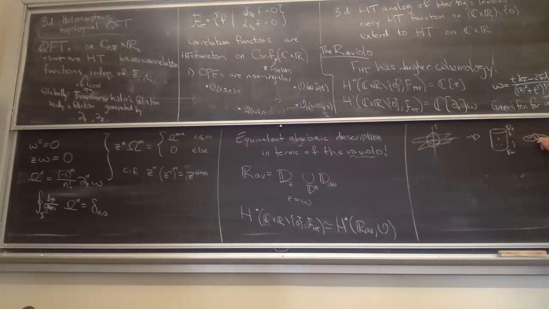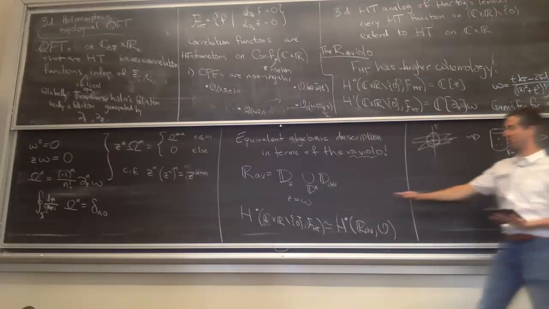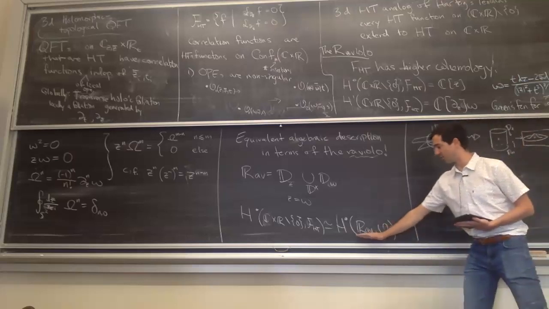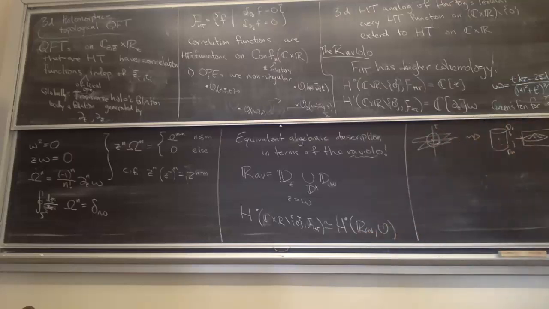So I glue them away from the origin, which is where this non-Hausdorff gluing comes about. So this raviolo is the space that we're going to be trying to understand. It will be the space whose holomorphic functions, or derived holomorphic functions, control the symmetries of one of these holomorphic topological quantum field theories.